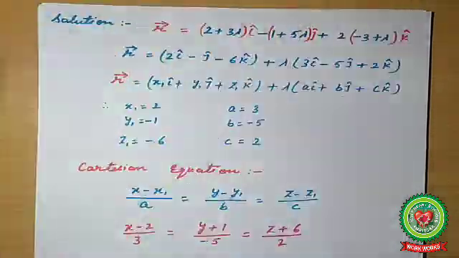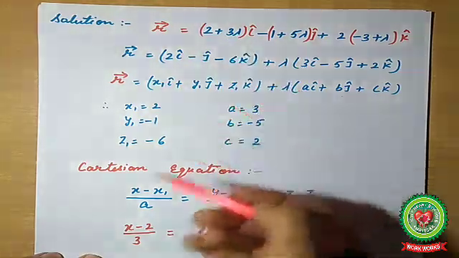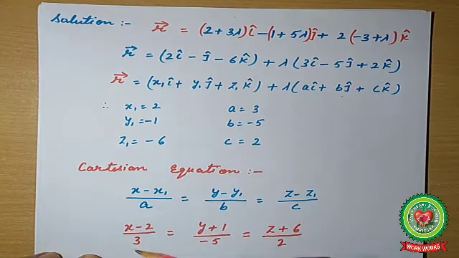Now, when the vector equation is there, we write it down here. Then we separate the terms of i cap, j cap and k cap.